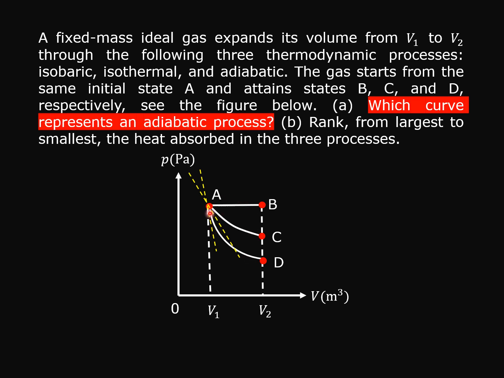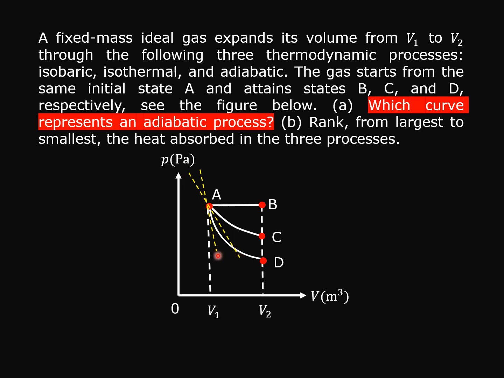In this diagram, A is such a point, because A lies on AC and A is also a point on AD. If we draw a tangent line at point A on AD and also a tangent line at point A on AC, then obviously this tangent line is steeper than that tangent line.